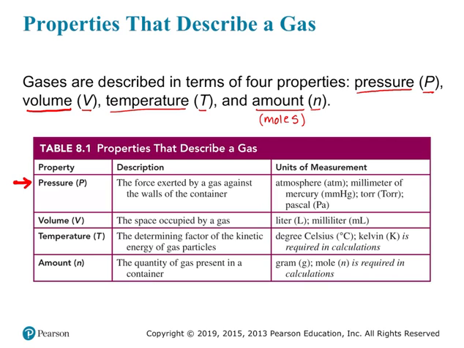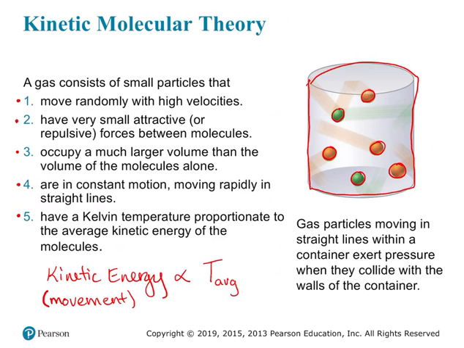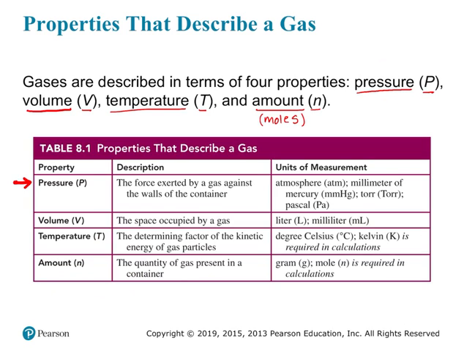For instance, if we go back to that figure we were looking at on the last slide, you can see that these gas particles are moving around, and some of them are hitting the walls and bouncing off. So when those gas particles hit the walls of the container, or maybe each other, they exert a pressure when they collide with either the wall or each other. And that buildup of pressure is what we're referring to.